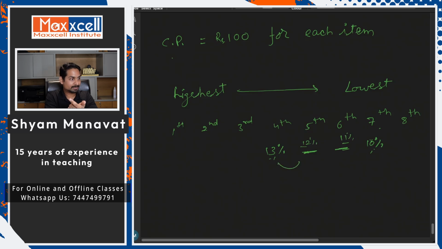It's given in the question, I am not saying this. So it will be easy, simple and calculation-wise correct to keep the fifth highest at 12%, the sixth highest at 11%, so that the seventh highest is 10%.